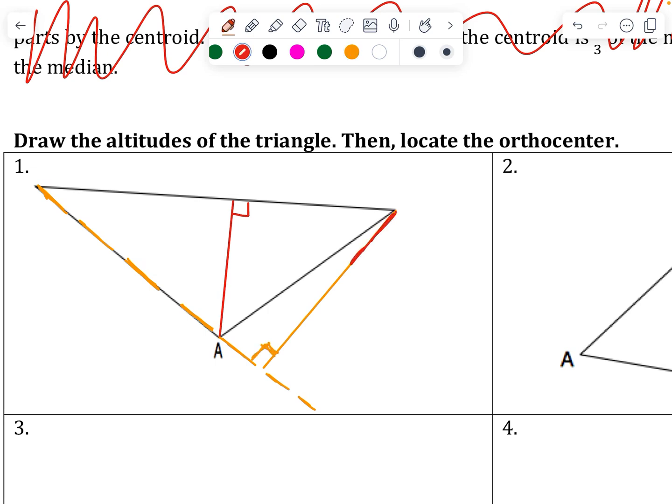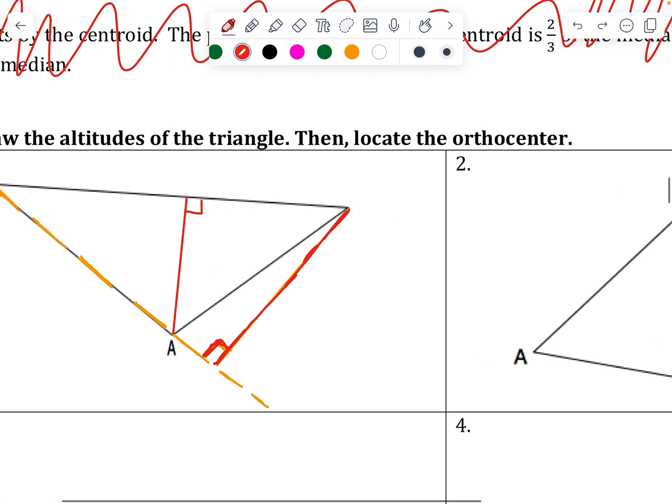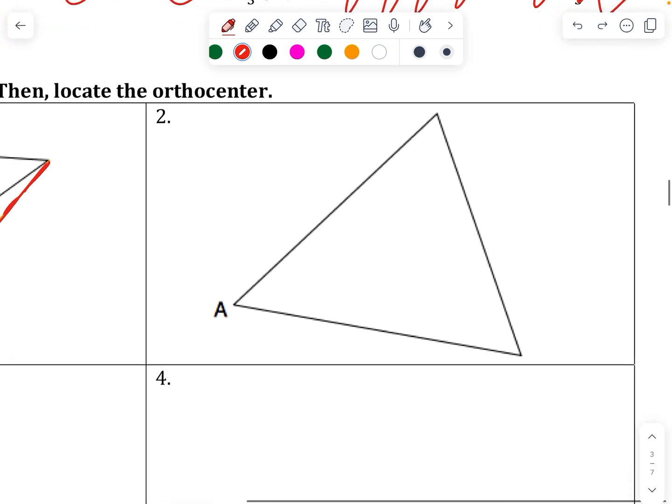So note that this 90 is only possible if I go outside the triangle. And if I were to try to draw the altitude from the other corner, the third corner, I would end up with a similar problem. So that doesn't always happen.